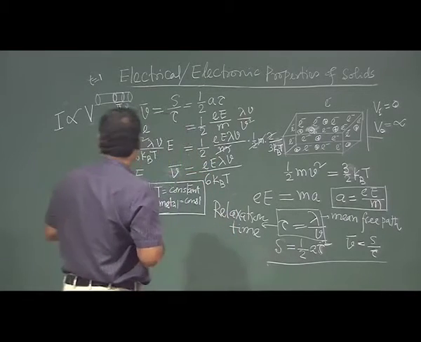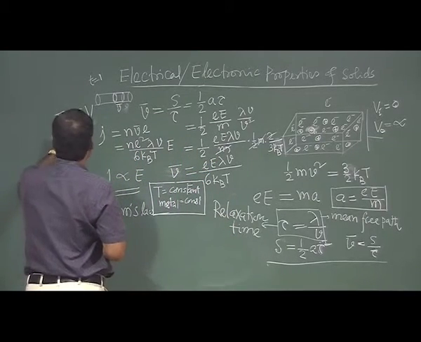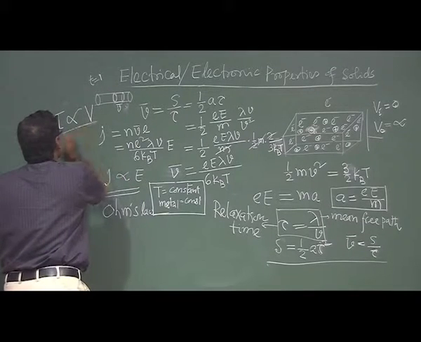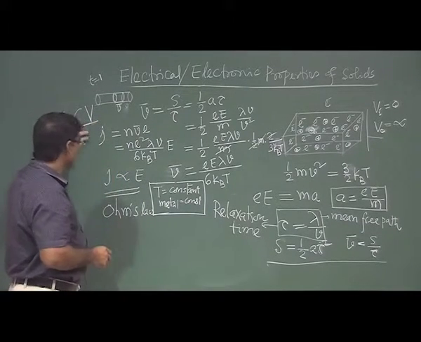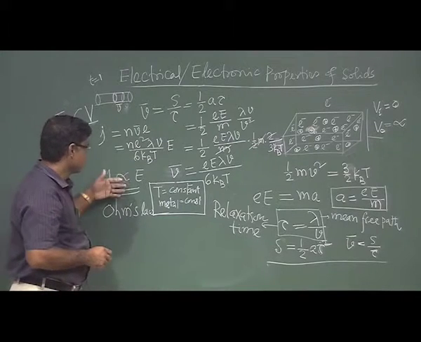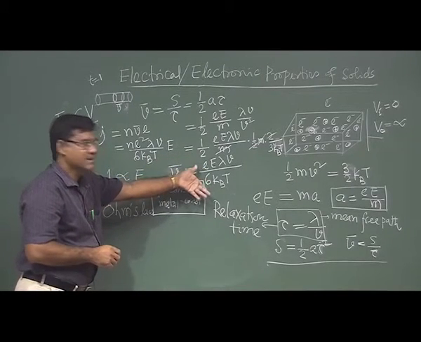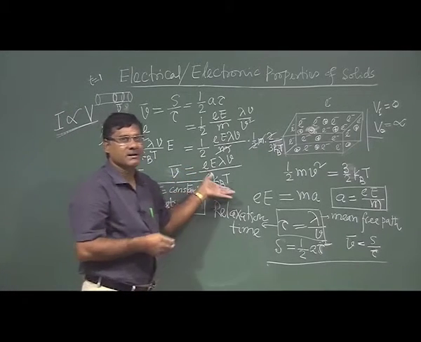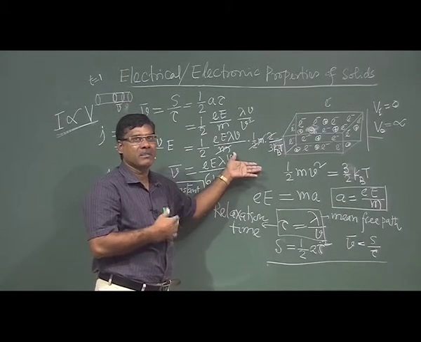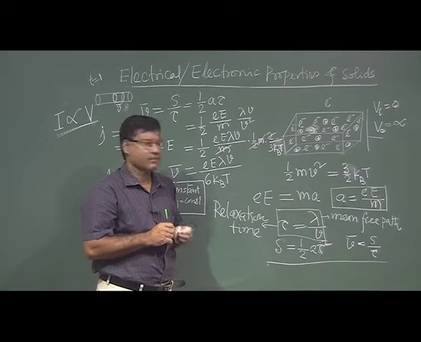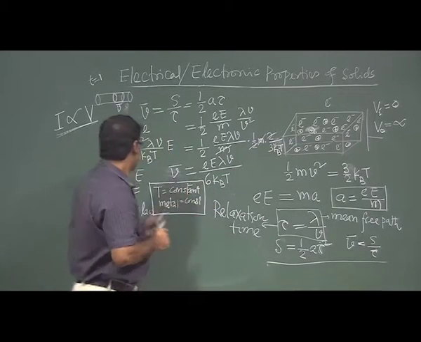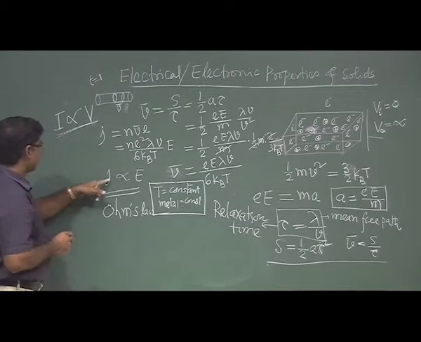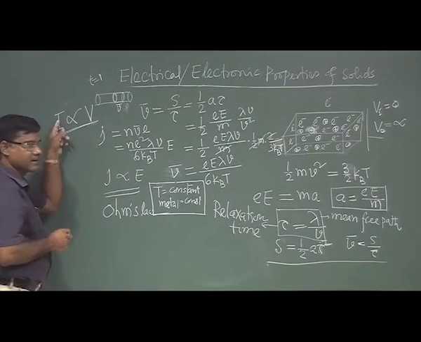So, why is it like this? Now we can see the origin of this relation: it is because of the free electrons available in the metal. Okay. So, we could derive this, and you know the relation of current density and current.